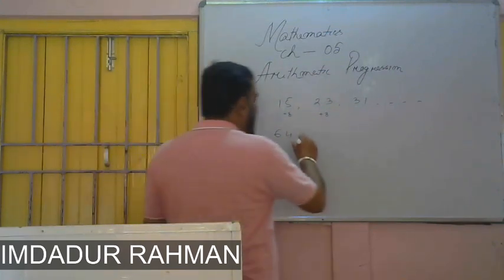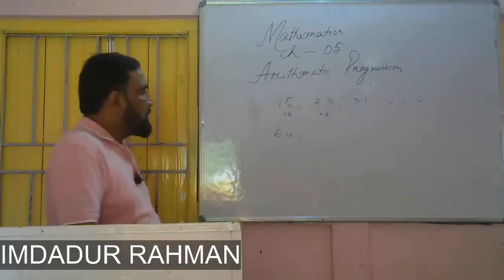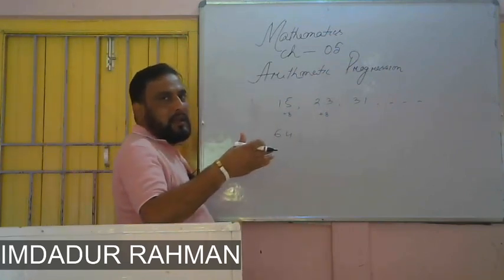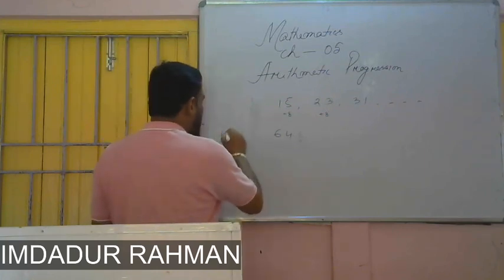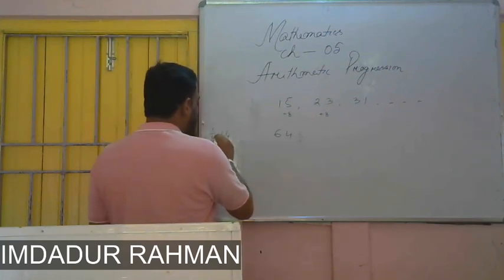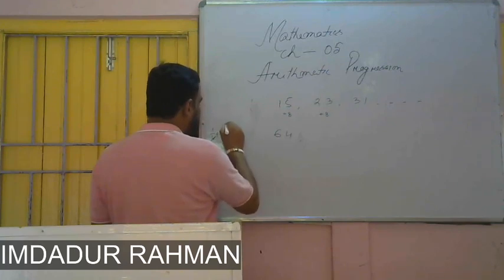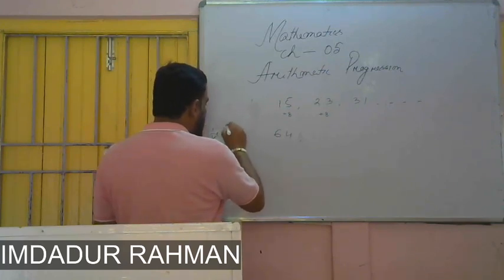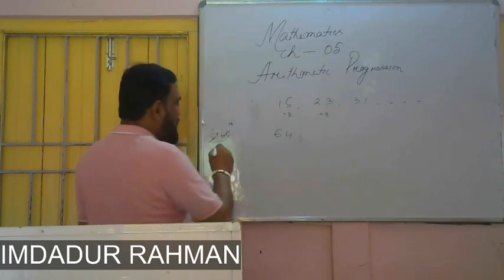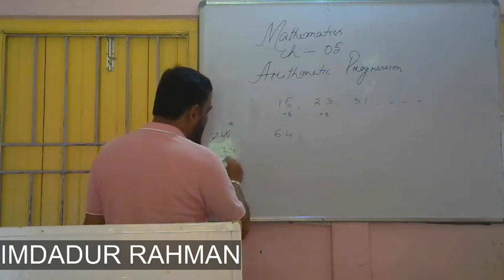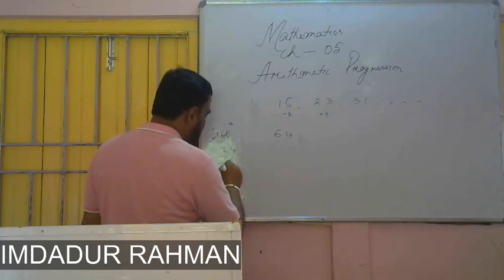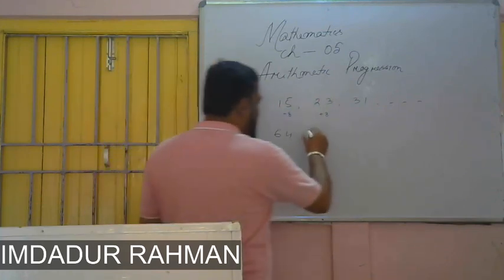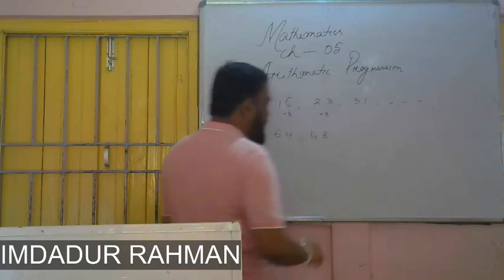Then after one pump, 1/4 of the air is removed. So 1/4 of 64, what will be? That is 16 kg will be removed. So 64 minus 16, what? 48 kg remain.